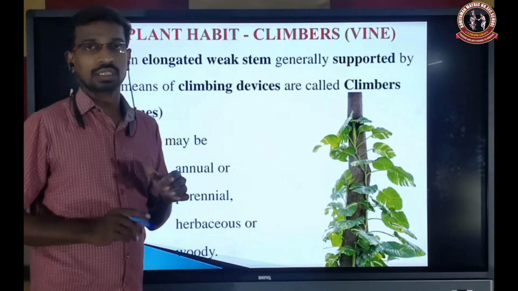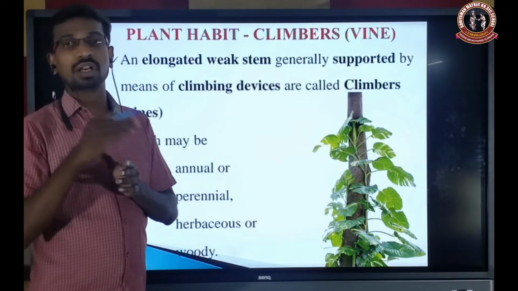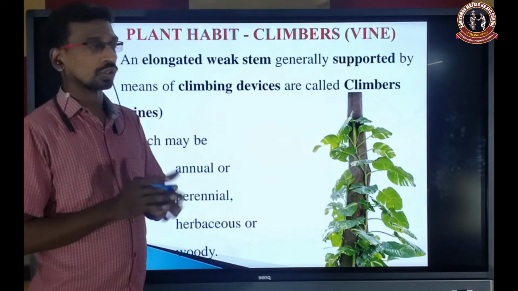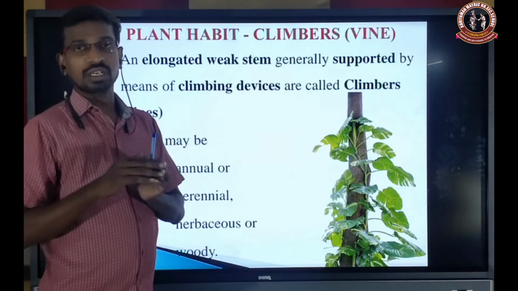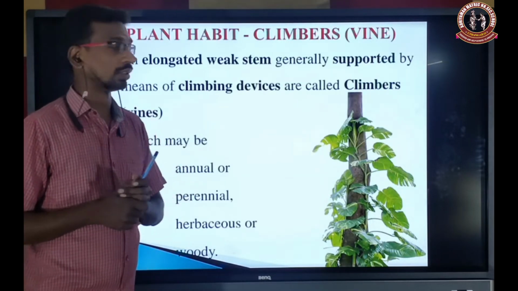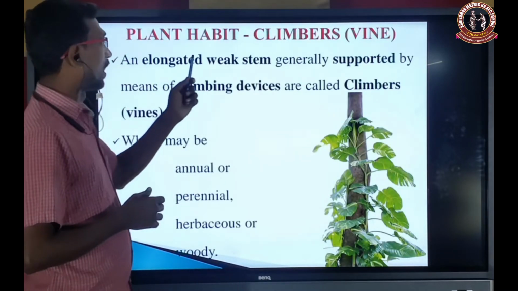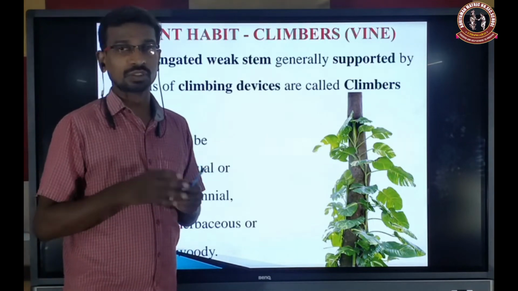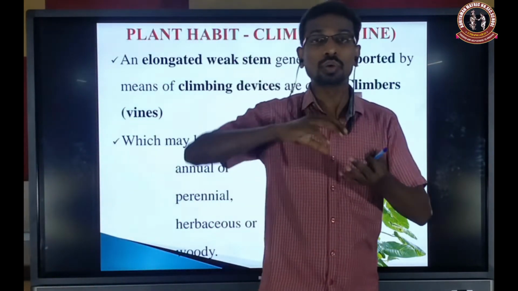Climbers. There are two types of climber, soft climbers and woody climbers. The soft climbers are generally called vines and woody climbers are generally called lianas. They have an elongated weak stem, so this plant is not able to grow straight.